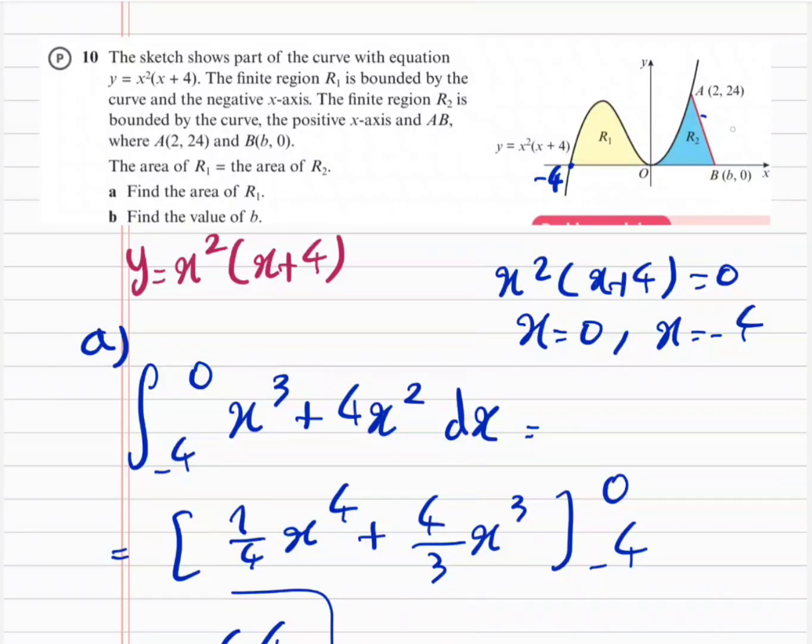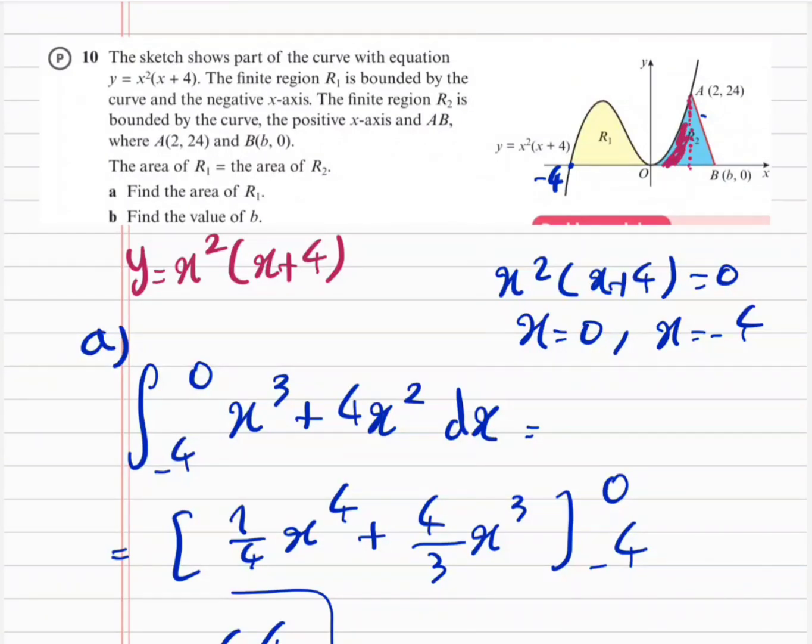In terms of finding the area of R2, one possible way is to use the area under the curve. But if we only rely on the area under the curve, that's not going to give us the entire area of R2, because the curve starts from 0, and then there's the line. So you have this red region.